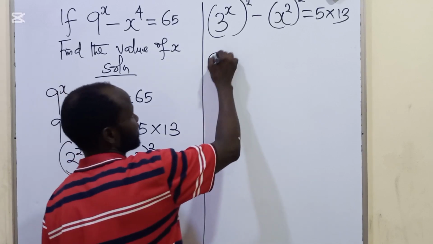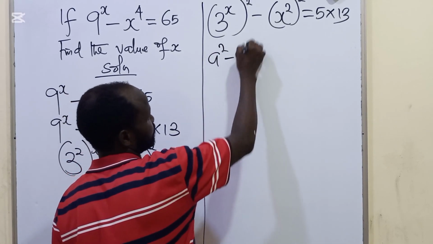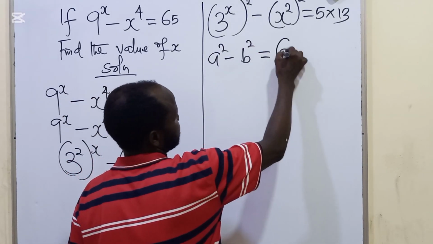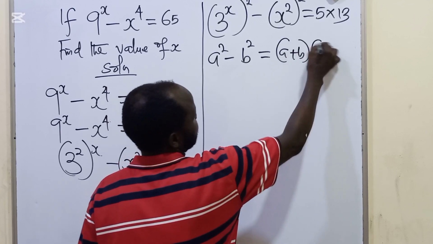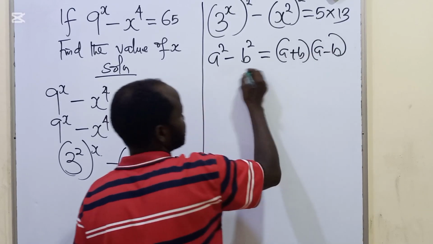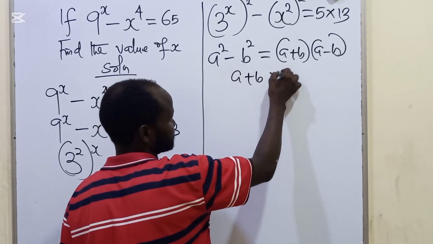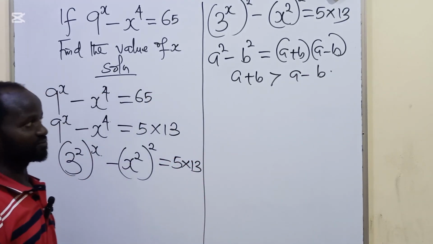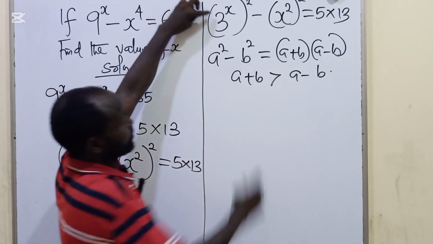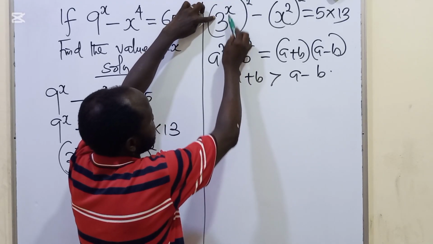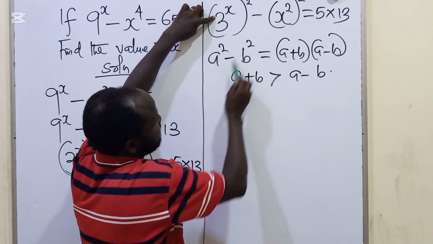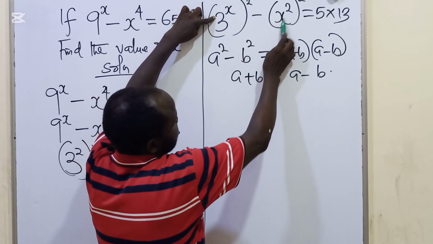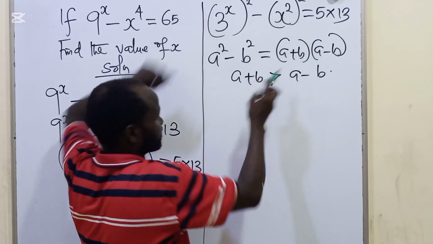Recall that if we have a² − b² = (a + b)(a − b), given that a + b must be greater than a − b. Very important, from difference of two squares. So when we compare this, 3^x is my a, then x² is my b. Let's substitute.